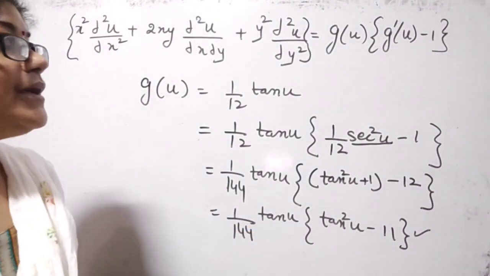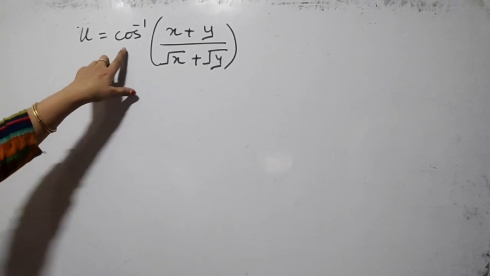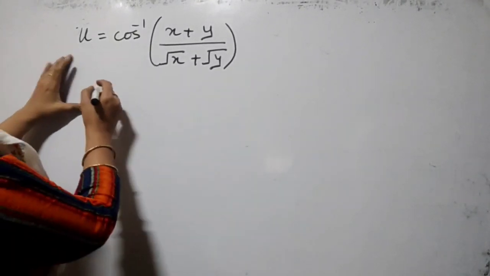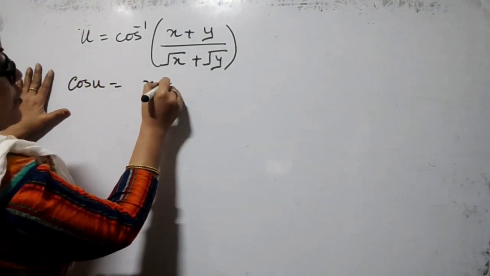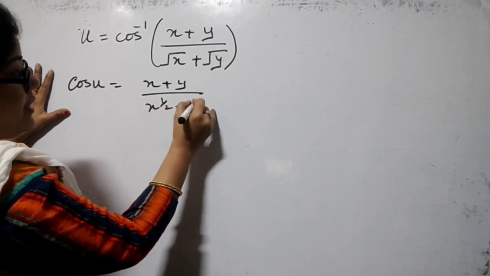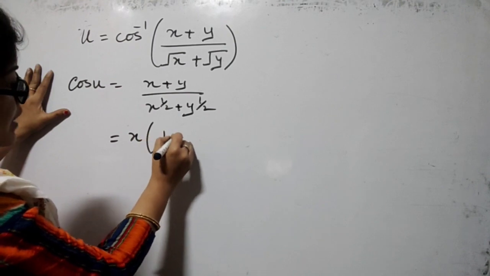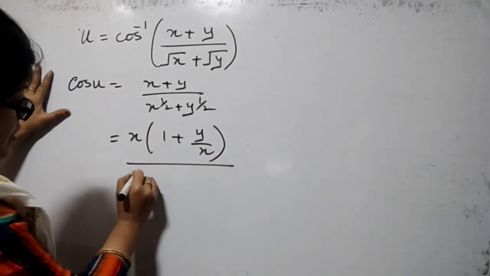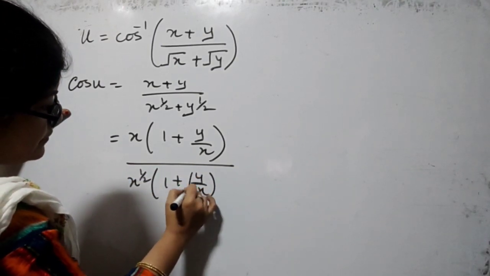Now for the next pattern. Now watch this question, we have to verify Euler's theorem for this and find out the value. Now similarly we get cos u is equal to x plus y, x to the power half plus y to the power half. Now take x as common, we get over here 1 plus y over x, and here we get x to the power half and 1 plus y over x to the power half.